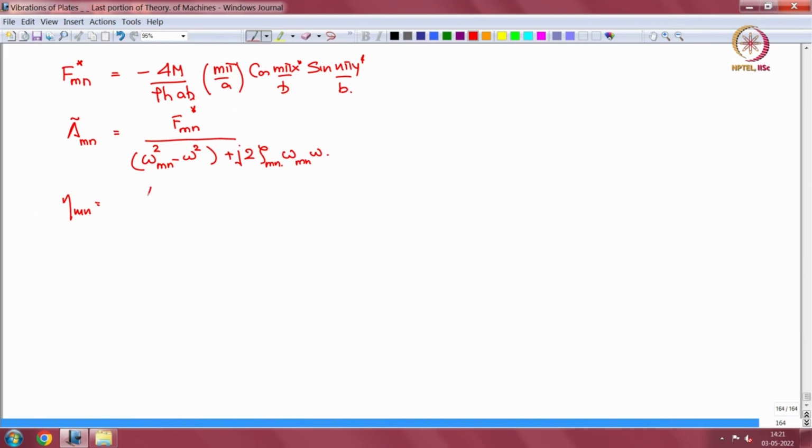and from here we get eta mn as gamma mn e to the power of j omega t, and then w x comma y comma t. Let me write it.